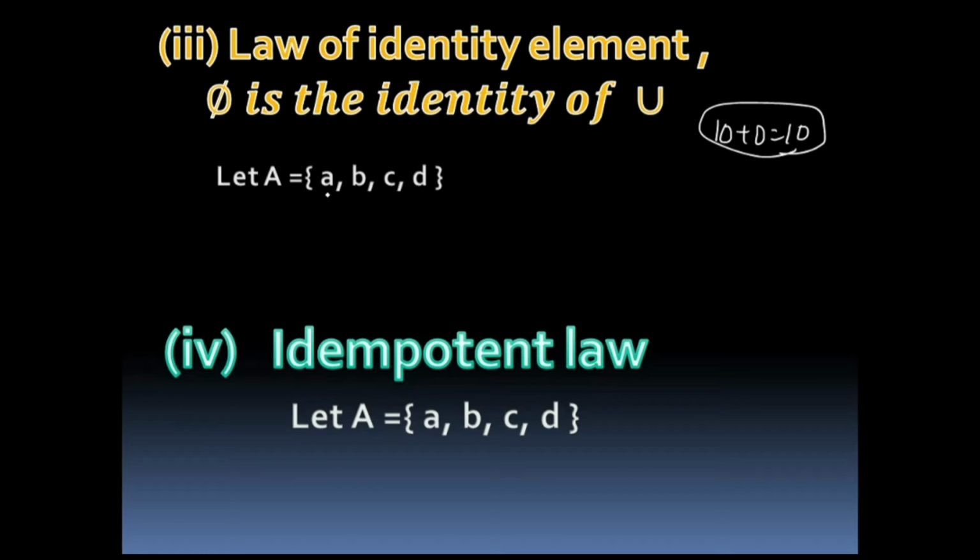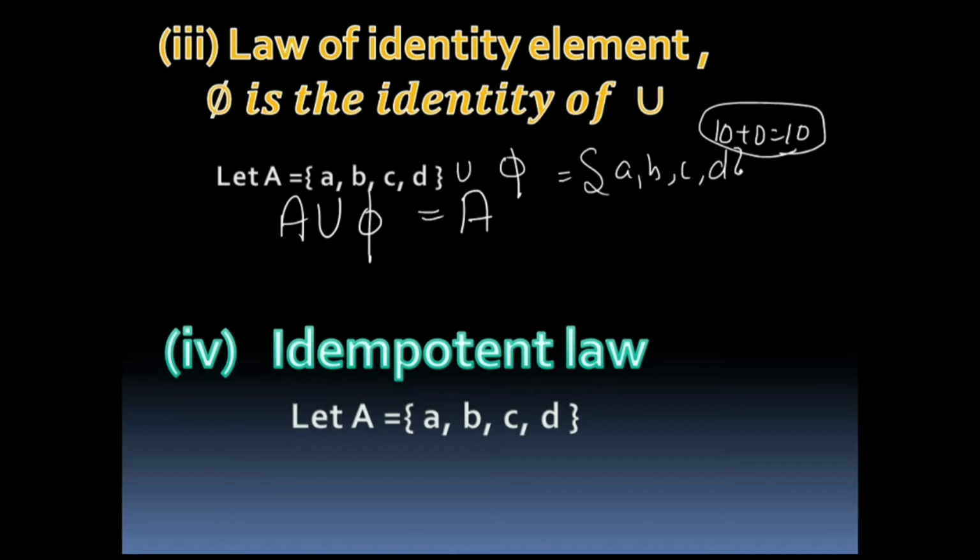So the same way here, A union empty set will be A. If I say A union null set or empty set, what would be my answer? A, B, C, D only. So the property here is law of identity. 0 is the identity element in addition, so in our sets the empty set is the identity element.